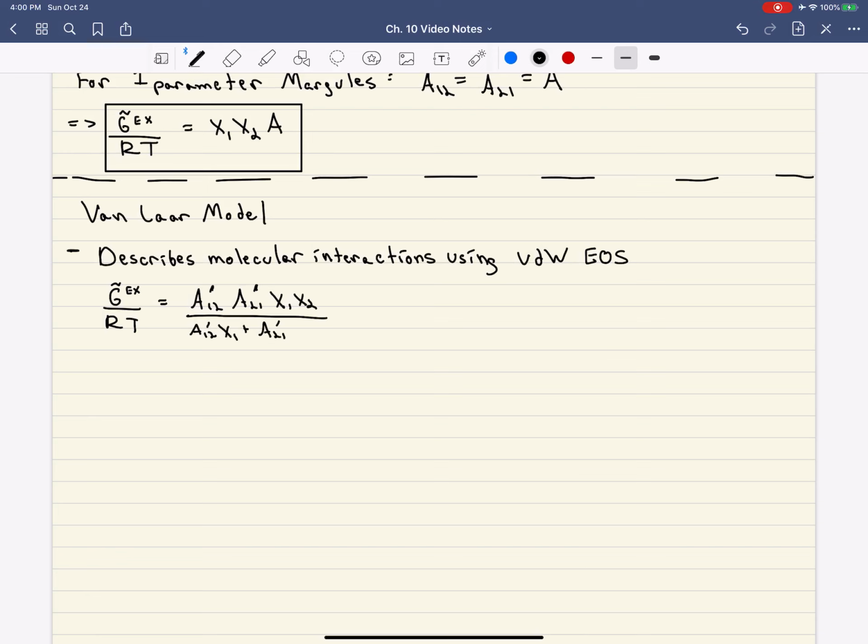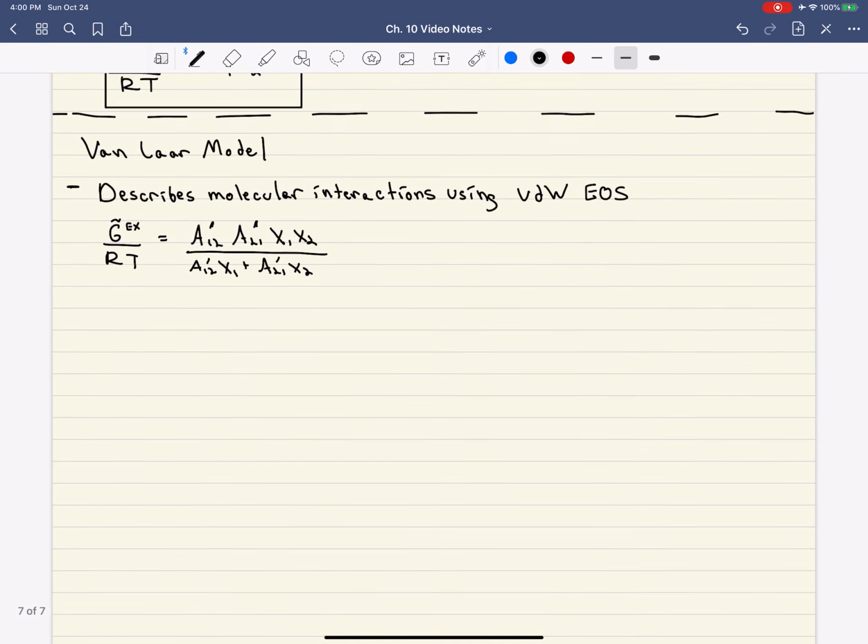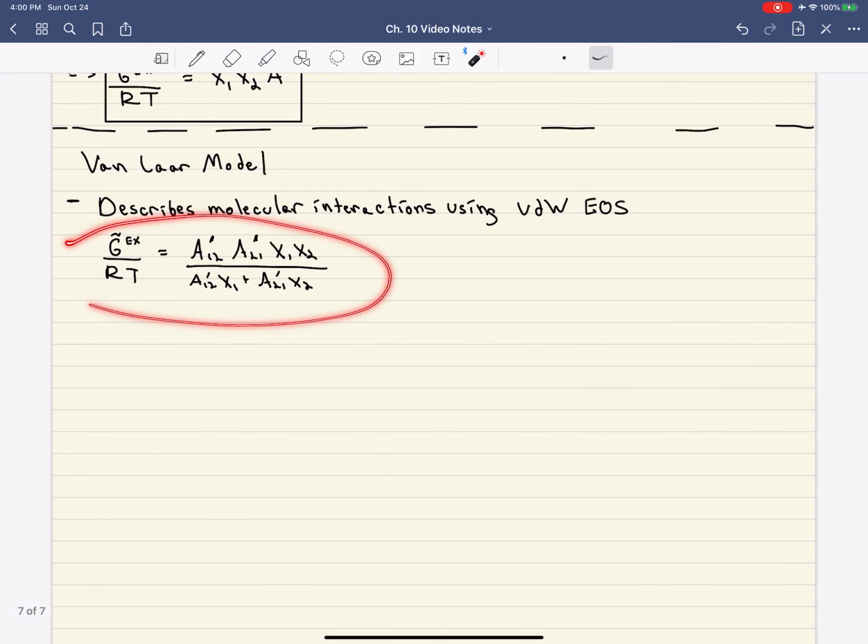A21 prime x2. And so this is the model for the excess molar Gibbs energy.